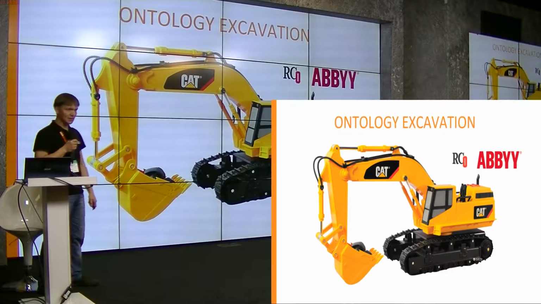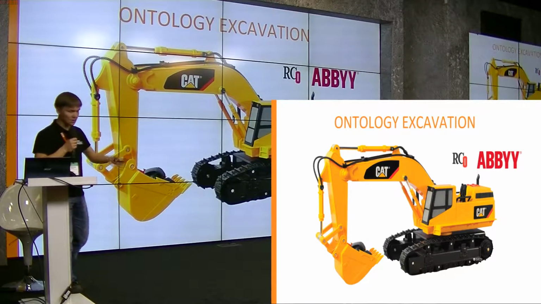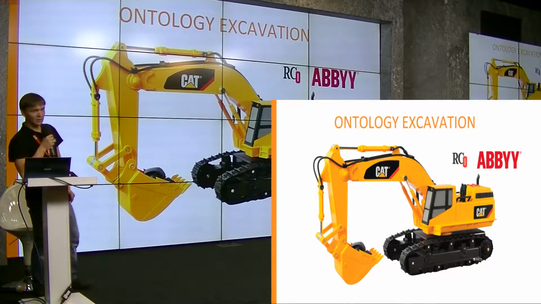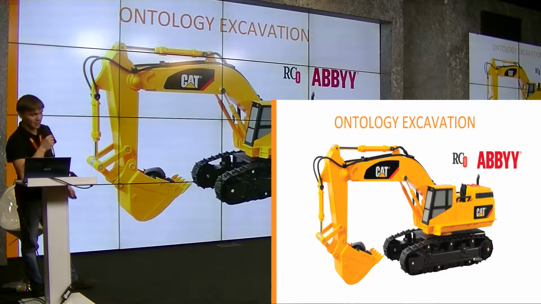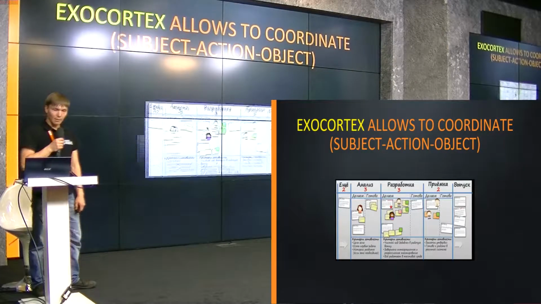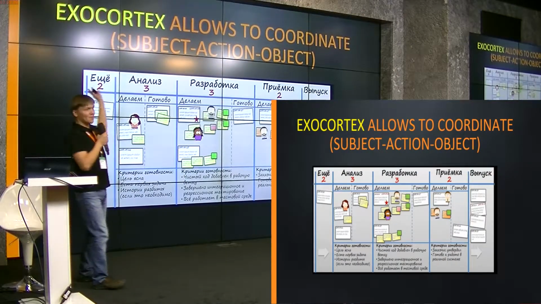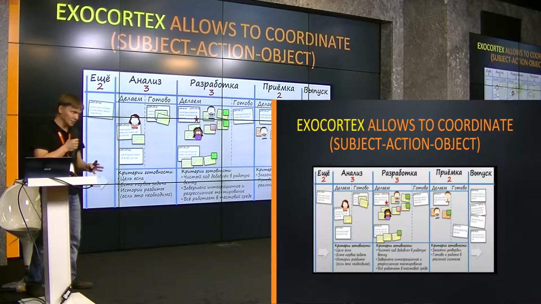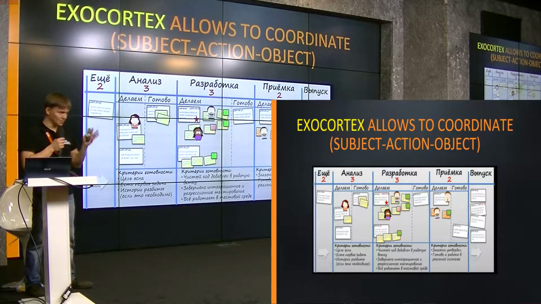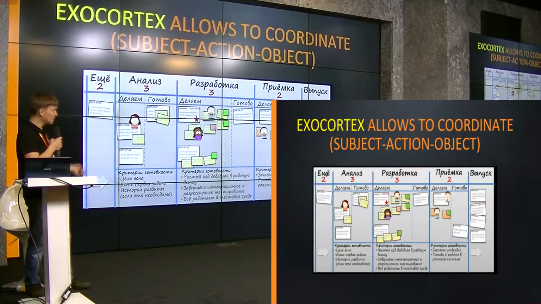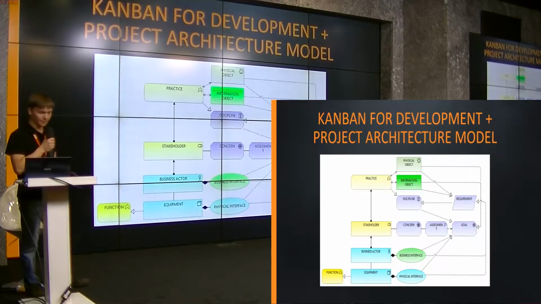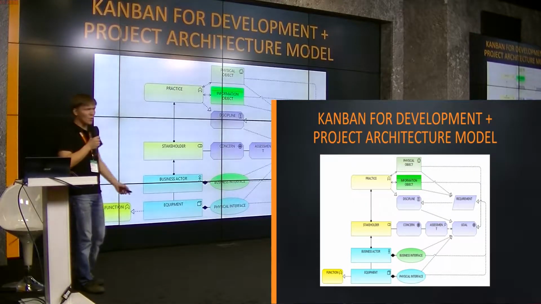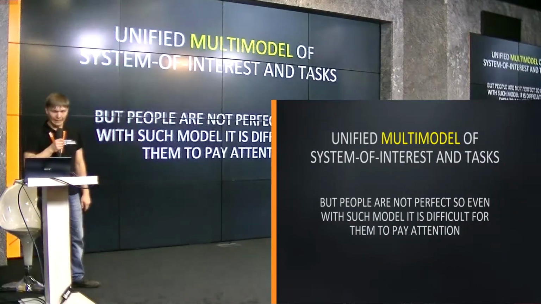And in fact, there are existing solutions, ABI, RCO, that can help you with that on an industrial level. So actually, the main idea is you need a complicated exocortex, more or less formal, but more or less flexible, that allows you to coordinate complicated teams. And that's not Kanban, that's a SysArchi model. Don't throw away Kanban, you still need it.